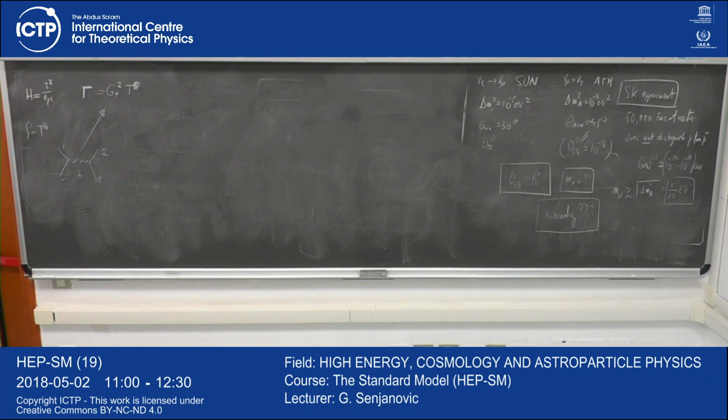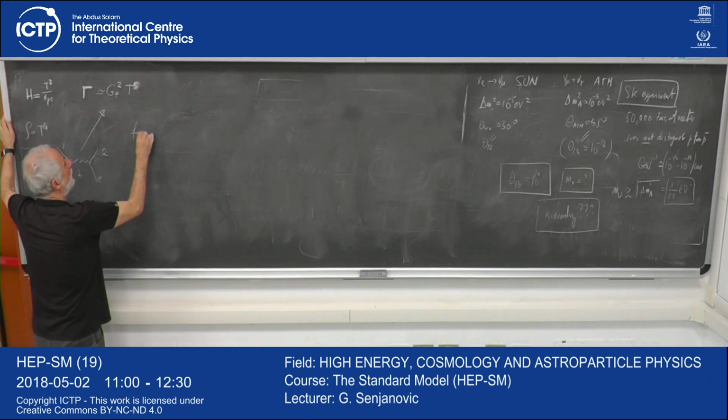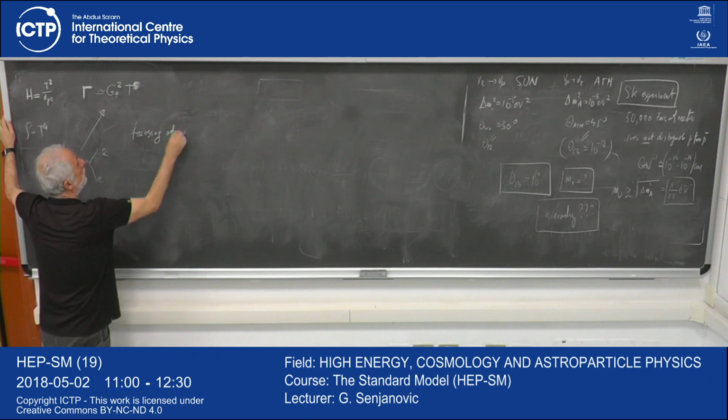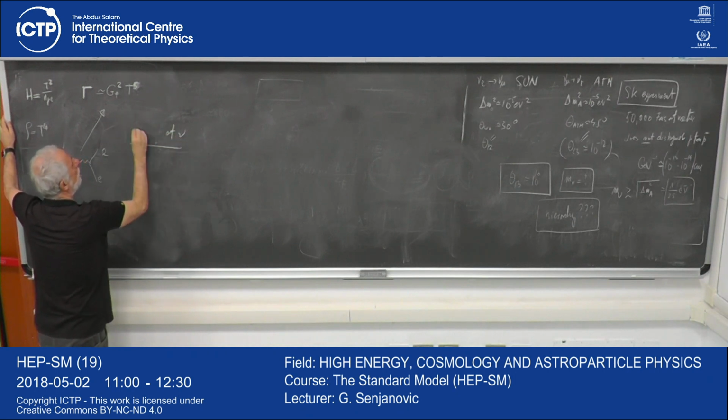But when the temperature is bigger, when is the guy in equilibrium? When the decay rate is bigger than the expansion rate of the universe, you have an equilibrium. So when do they get out of equilibrium? The freezing of neutrinos.